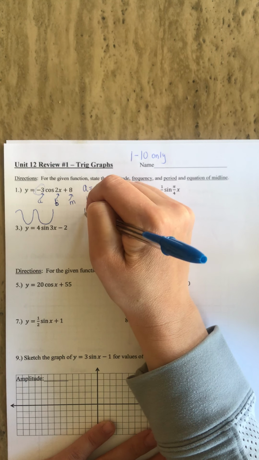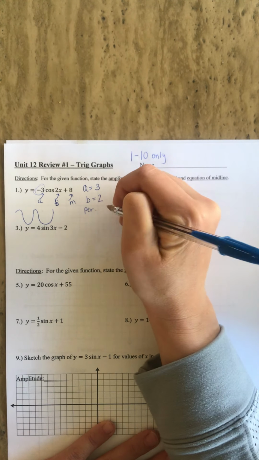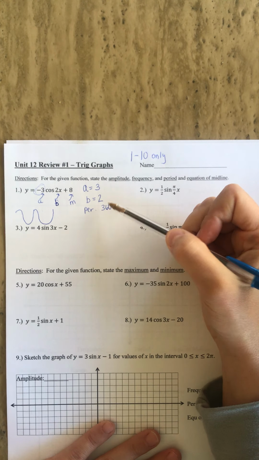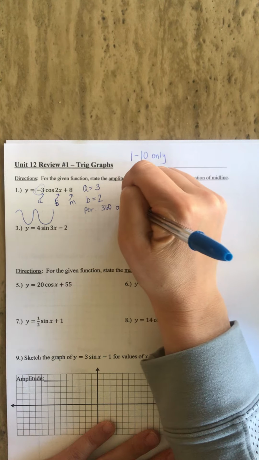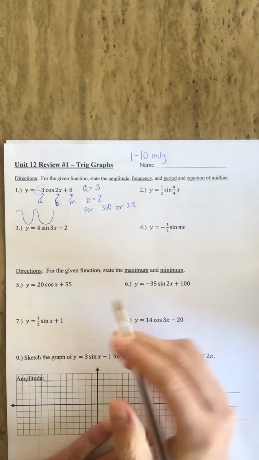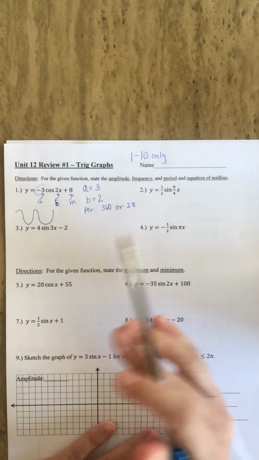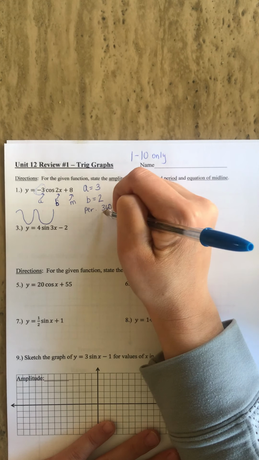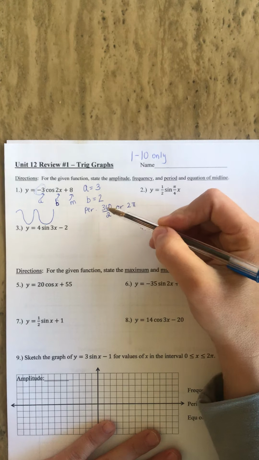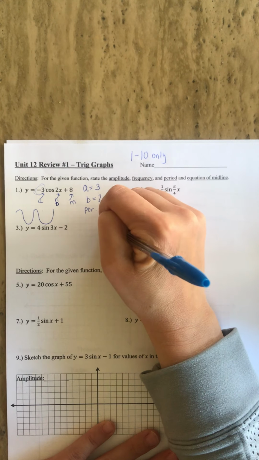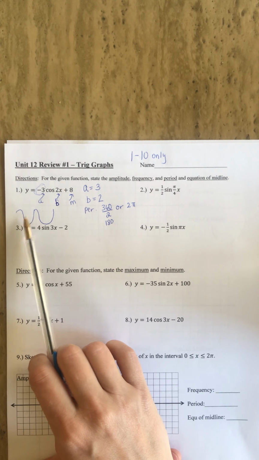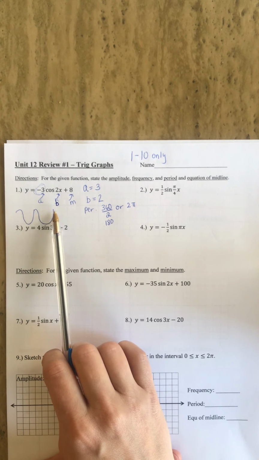We have the period here. We have 360. I'm going to use degree and radian so you guys see both. When I'm going through all the examples so far, I kind of just go back and forth. So we have 360 divided by 2, that's 180. That means you're going to see one cycle from 0 to 180, 180 to 360.